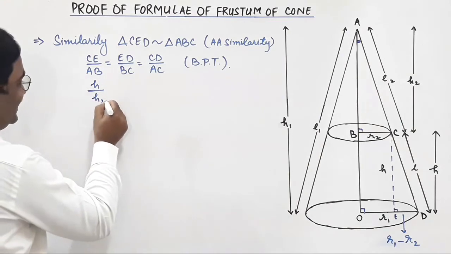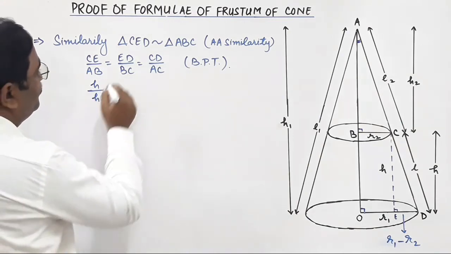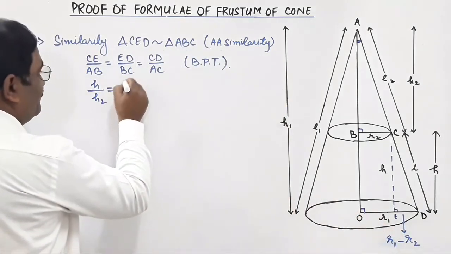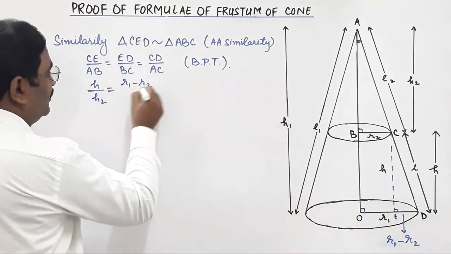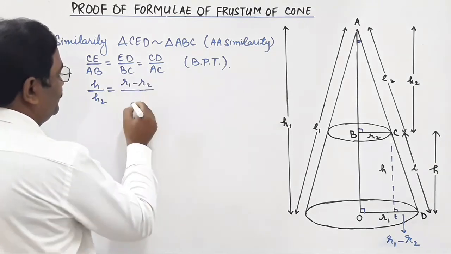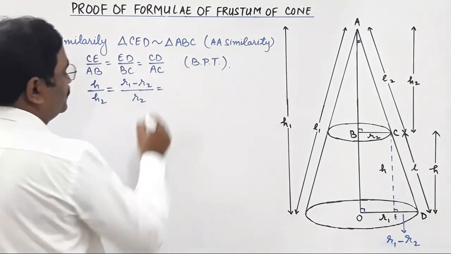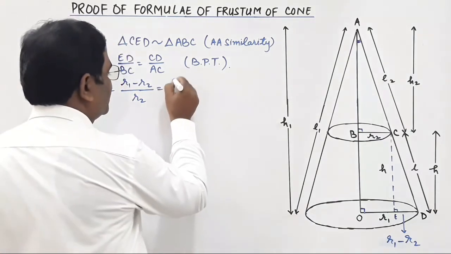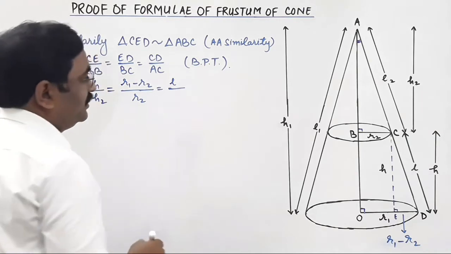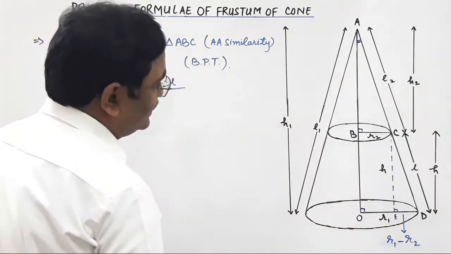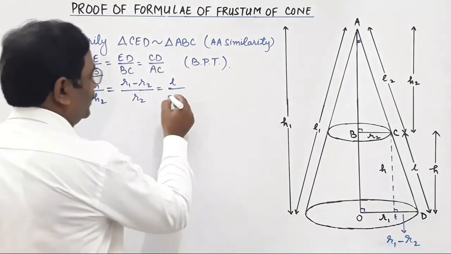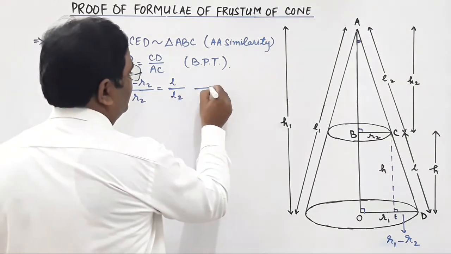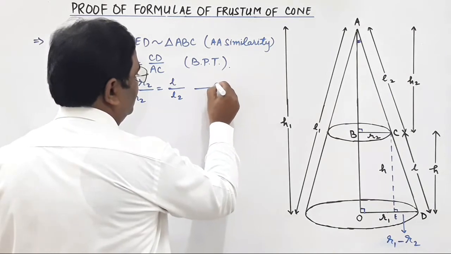So H upon H2 equals ED, which is R1 minus R2, upon BC, which is R2, equals CD, the slant height of the frustum, which is L, upon AC, the slant height of the smaller one, which is L2. See, this is equation number 3.